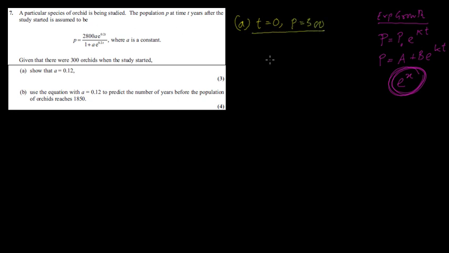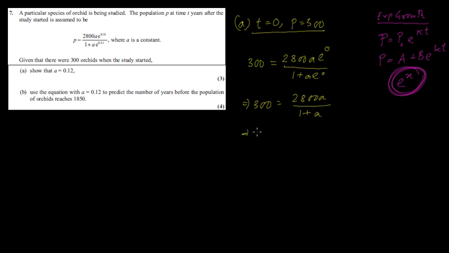Let's plug this in. So what happens? 300 equals to 2800. We don't know what a is. e to the power, if we put 0 in this, so 0.2 into 0 is going to be 0, divided by 1 plus a. Again, if t is 0, it'll be e to the power 0. So this would be 300 equals to 2800a e to the power 0 is 1, divided by 1 plus a. e to the power 0 is 1.